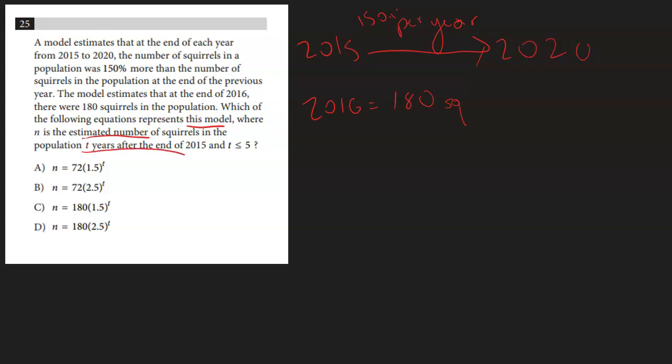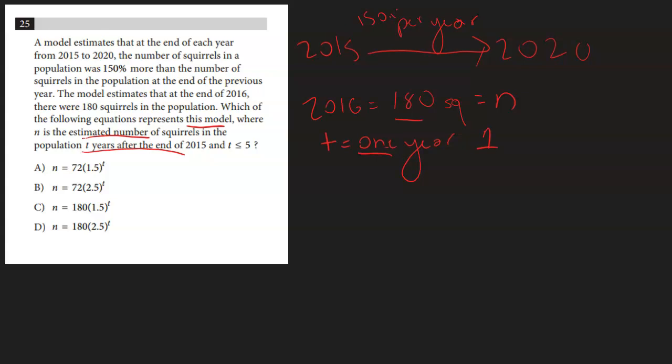Okay, sweet. So if n represents the number of squirrels in the population t years after 2015, well, we're given all the numbers for 2016, so we know that there were 180 squirrels, so that must be n, because that's the number of squirrels at the end of the year, and we know it's been 1 year since 2015, so we know t equals 1.